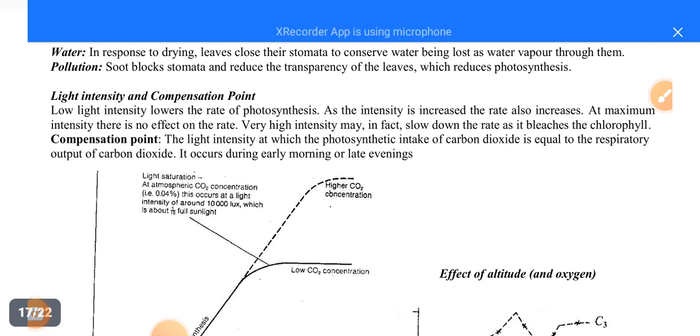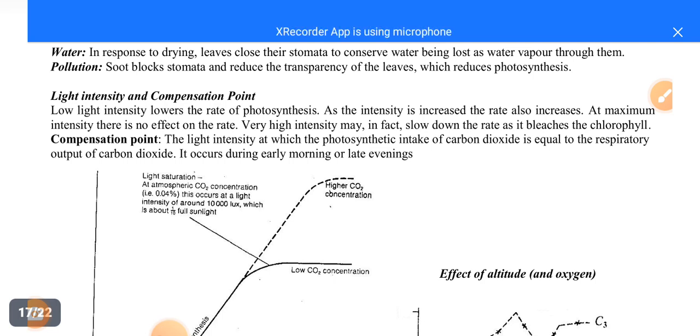Then there's something else I want us to look at, and this is what we call the compensation point. The compensation point is the light intensity at which the photosynthetic intake of carbon dioxide is equal to the respiratory output of carbon dioxide.